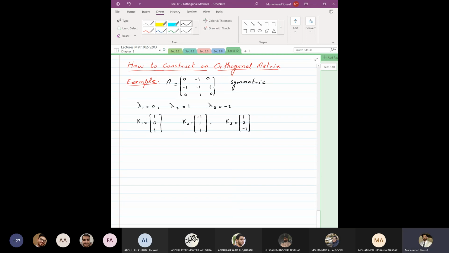Now, if we simply take their dot products, K1, K2, let us check. Are they orthogonal? 1 times -1, 0 times 1, 1 times 1. Yes. K1 and K3: 1, 0, -1. Yes. K2, K3: -1, 2, -1. Yes. So their dot product is 0.